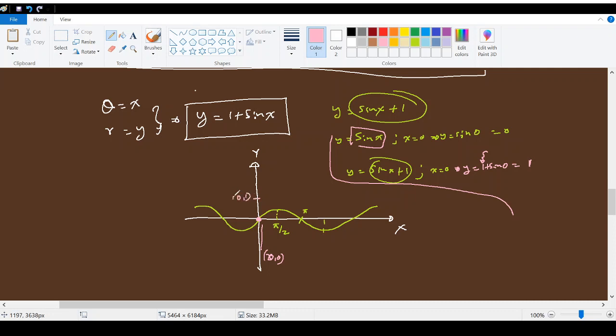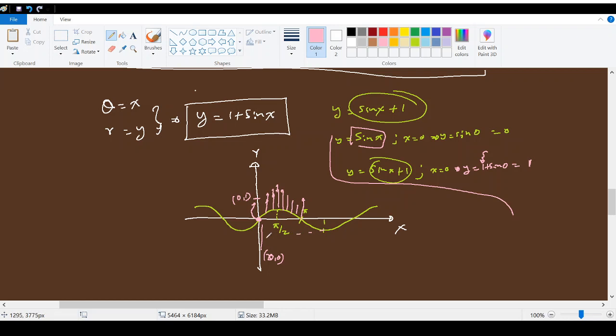That means the same situation will happen for each and every point. All these points will be pushed upwards by 1 unit.